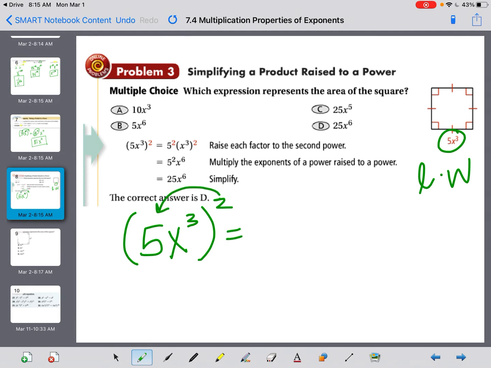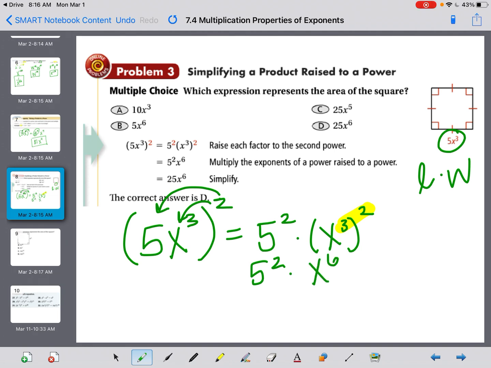That gives us 5 to the second power and x to the third power to the second power. Following our order of operations, we do powers to powers first. So we still have 5 to the second, and now it's 3 times 2, so x to the 6th, and 5 to the second power is 25. So 25x to the 6th will be your simplified area for this triangle.